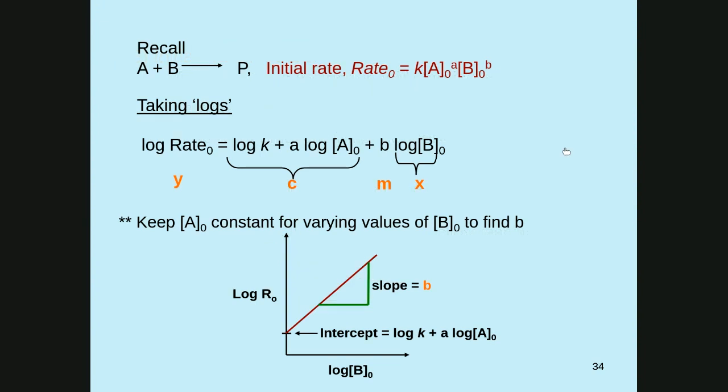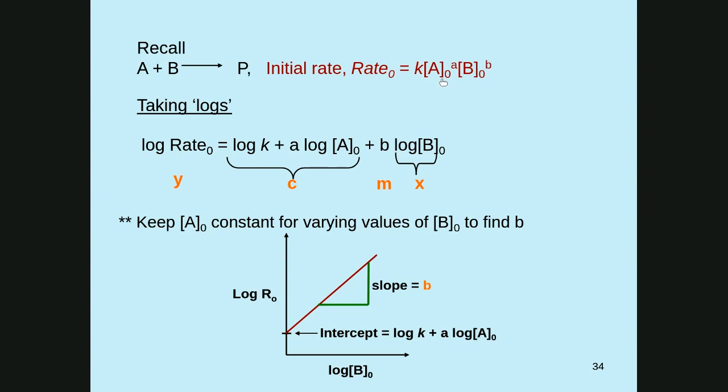Now, how does that work? So suppose we have a reaction again of this type, a bimolecular process. The initial rate, the rate at time 0, is the rate constant times the initial concentration of A raised to its index A, which is the unknown, times the initial concentration of B raised to the order B, which is the other unknown.